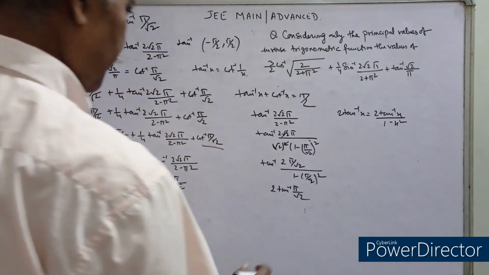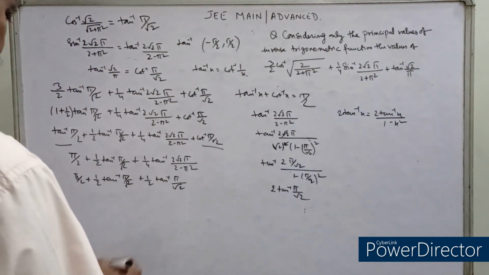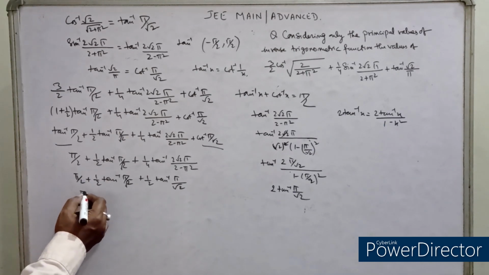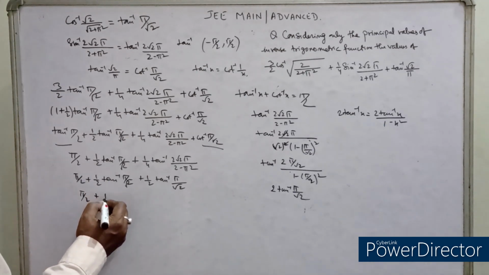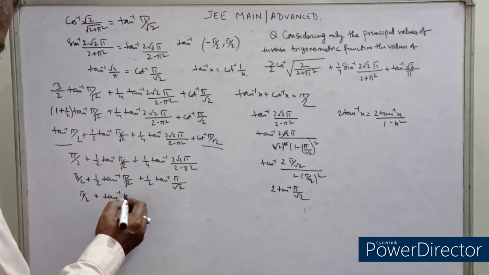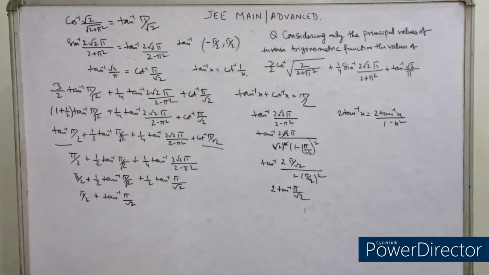This is your formula. So here this comes out to be pi by 2 plus tan inverse pi by root 2. Its value is rather difficult; we have to take the help of a calculator to find the value of pi by root 2.